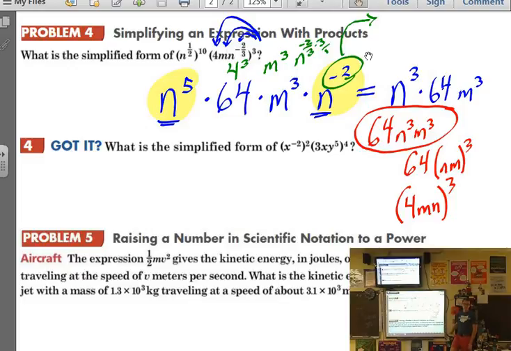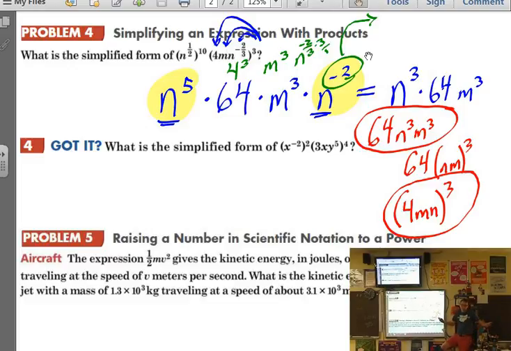If you have another step to do, the 4 and then cubing would be good, but if that was the final answer, 64 would also be fine. On a test, would all of those count? I would take any of these, but if it says fully simplify, always try to get rid of parentheses. If it says simplify, you're trying to get rid of grouping symbols, really.